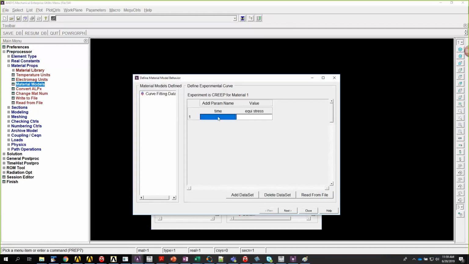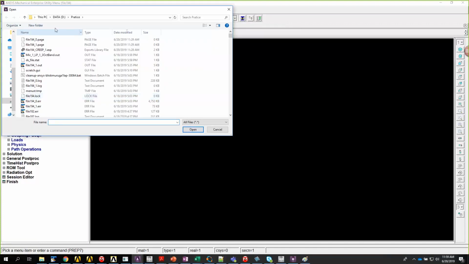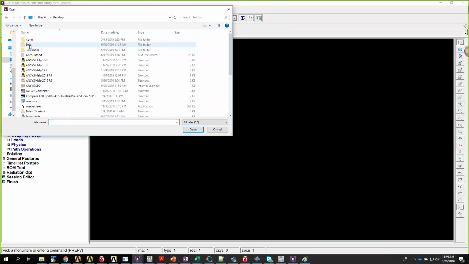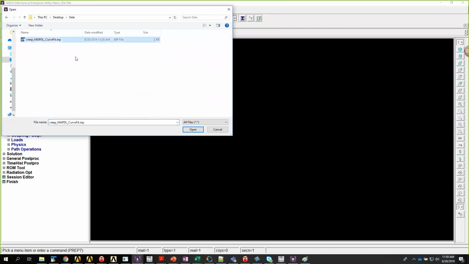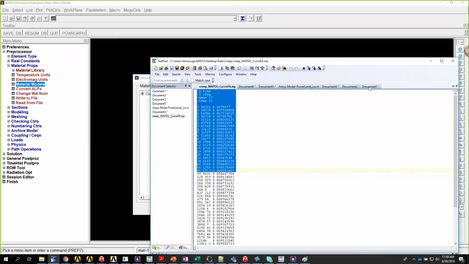Here we can enter the data, or we can load the data from a particular file. This data is on my desktop, Delhi Creep. This is the file where I have saved the information. It's going to bring in the time, because we mentioned the first column is time and the second column is creep strain.